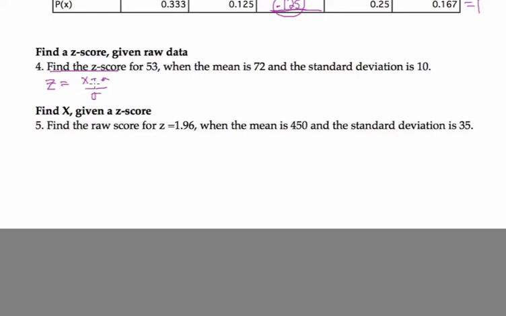X is our data value, mu is our mean, sigma is our standard deviation. So our data value was 53, that's the score there, minus our mean was 72, and standard deviation was 10.